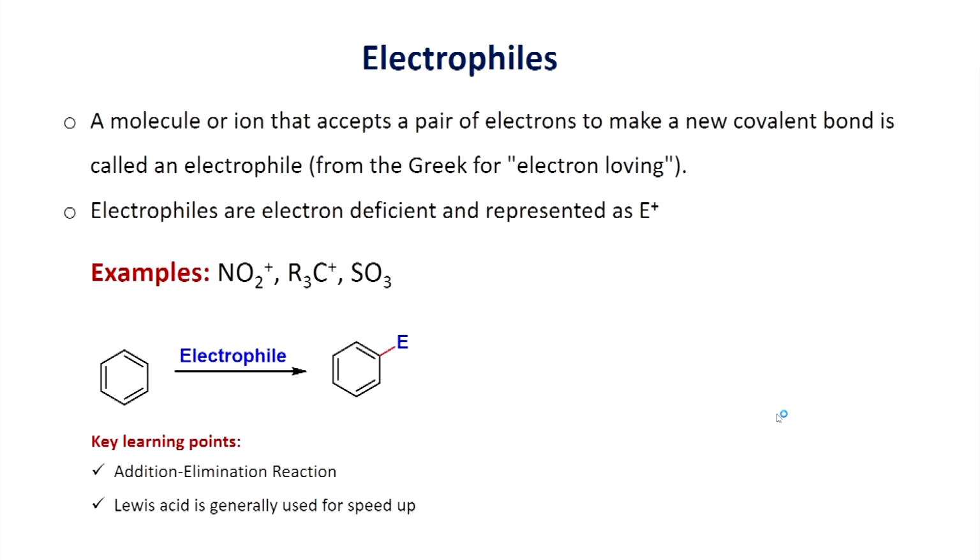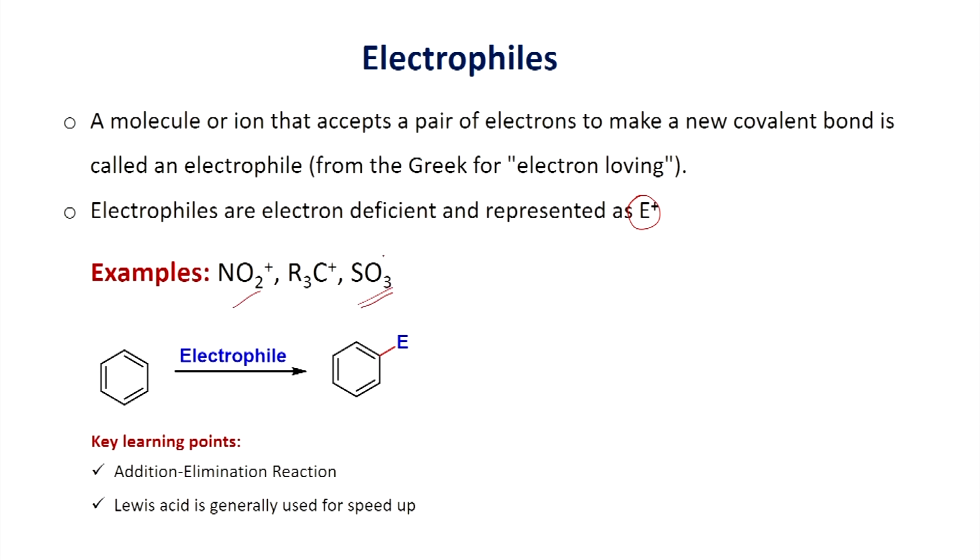In this lecture we will study the principles of electrophilic aromatic substitution, then Friedel-Crafts reactions. As you can see here, the electrophile should be electron deficient. Usually they are represented as E plus, and that can be an ion or a molecule.